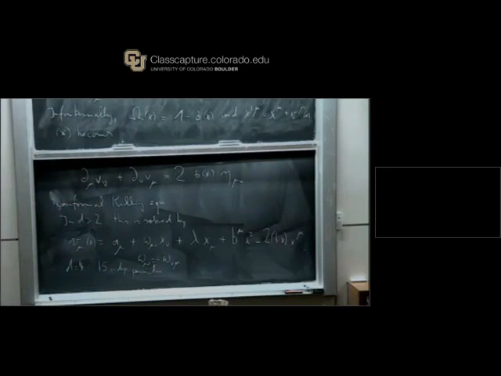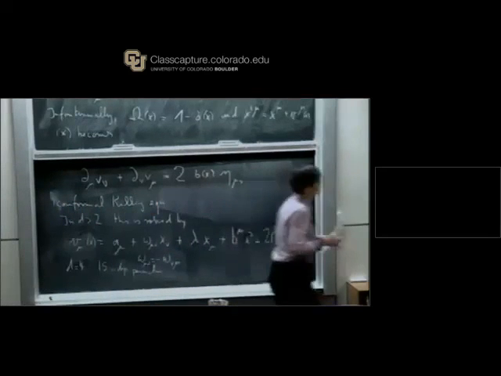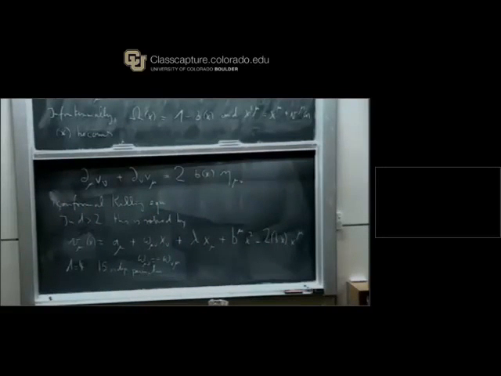Okay, so these are the coordinate transformations, but for a conformal field theory we need to know how the fields transform. And for this we have to write down an algebra which is related to these transformations.